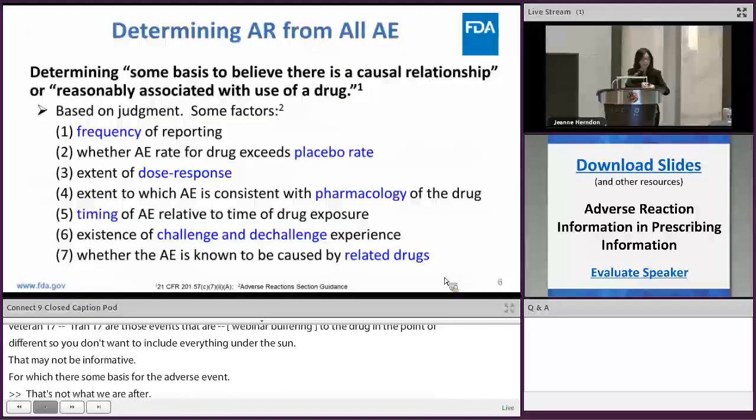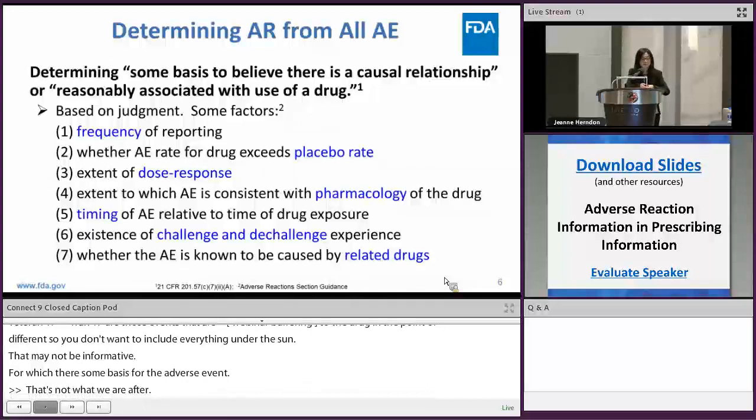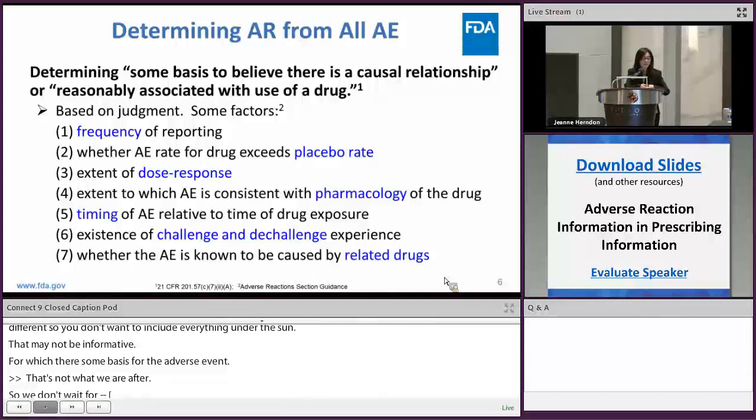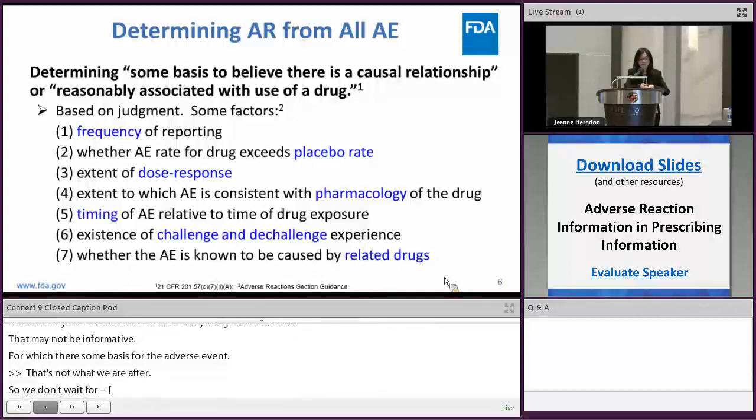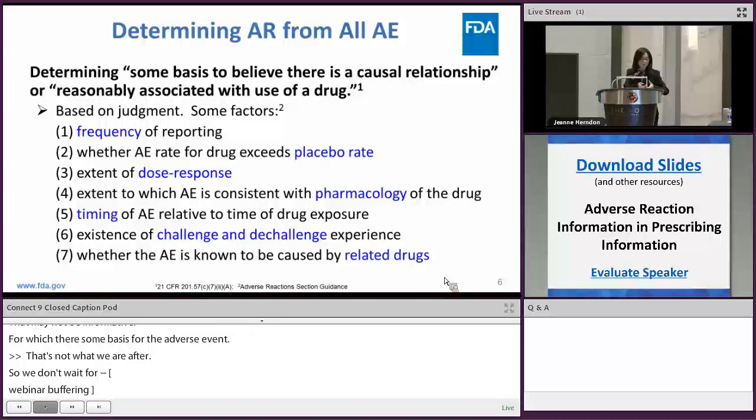So how do we distinguish between adverse reactions and adverse events? There are a number of different aspects that you consider: frequency of reporting, how it relates to the placebo rate, and extent of dose response. If the adverse reaction varies with the dose, if there's a dose-response relationship. Whether it's related to the pharmacology of the drug or your understanding of the drug and it makes sense, that could help.